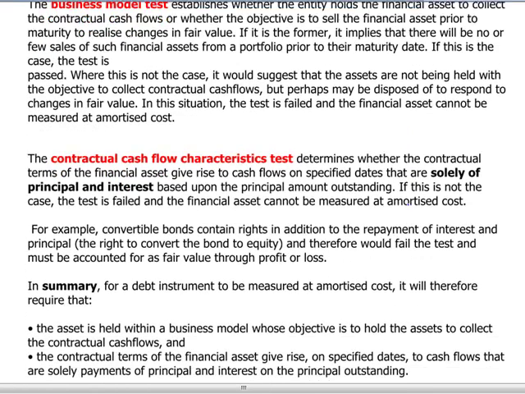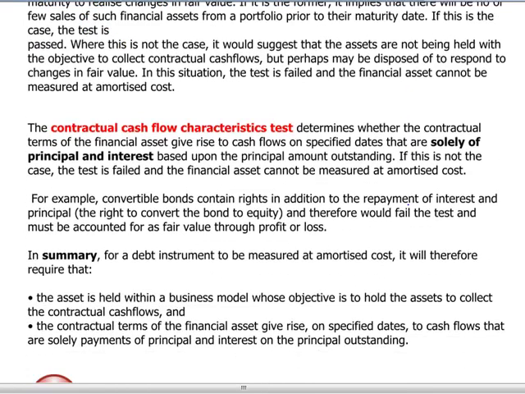The contractual cash flow characteristics test determines whether the contractual terms of the financial asset will give rise to cash flows on specified dates that solely consist of the principal and interest based upon the principal amount outstanding. If this is not the case, then this test is failed, and therefore the financial asset cannot be measured at amortized cost.